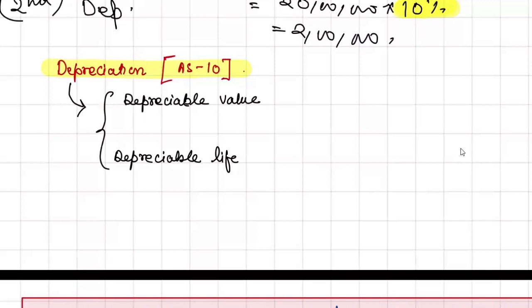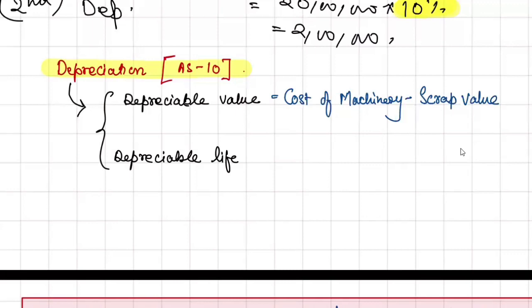So what actually is a depreciable value? Depreciable value is nothing but what we already have calculated, that is cost of machinery minus estimated scrap value.